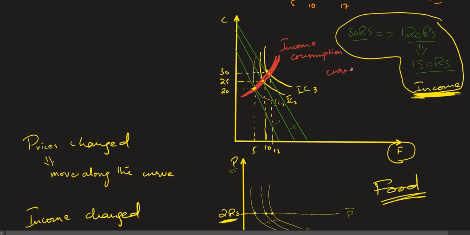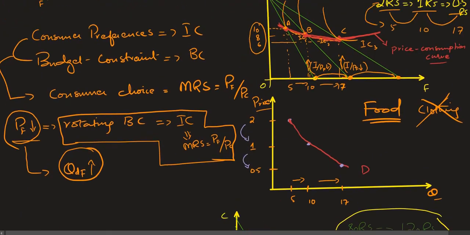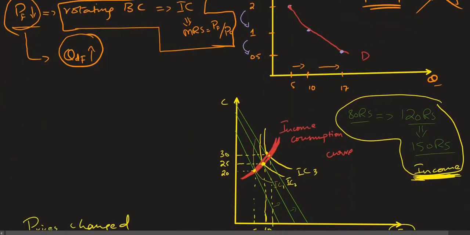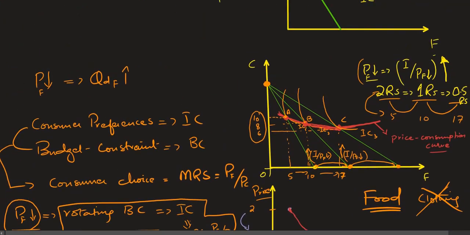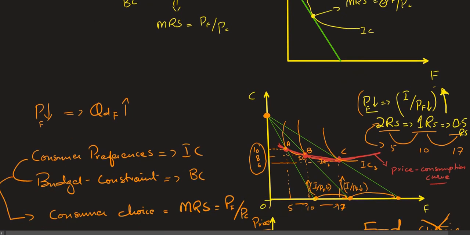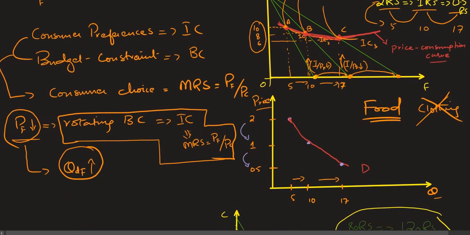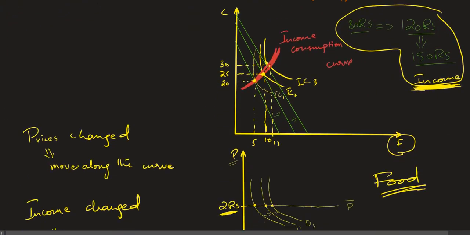The income consumption curve shows the tracing of all those utility maximizing combinations of clothing and food when the income of the person is changing. So there are 2 concepts here, the income consumption curve and the price consumption curve, and I will be sharing the handouts of this as well, so that you can refine your concepts and understand the definition of this. So I hope you all have understood the lecture.